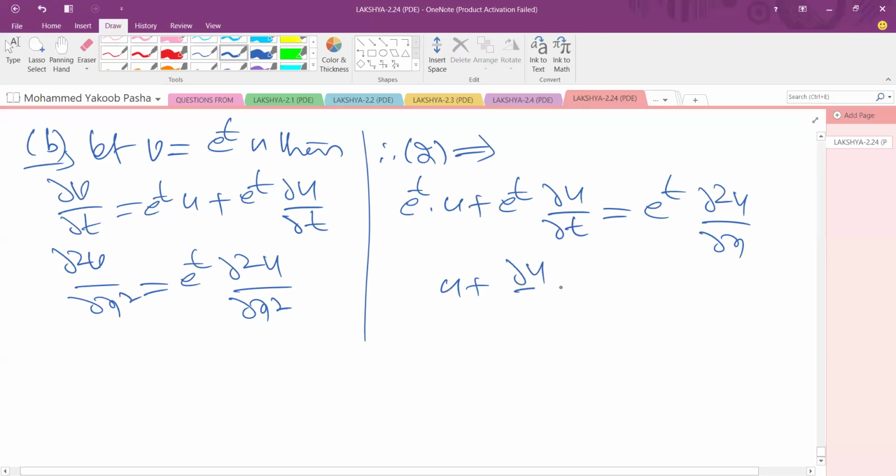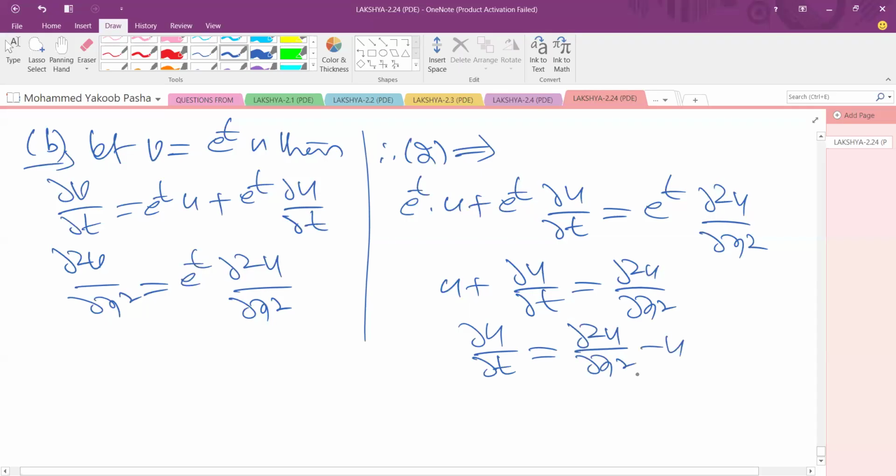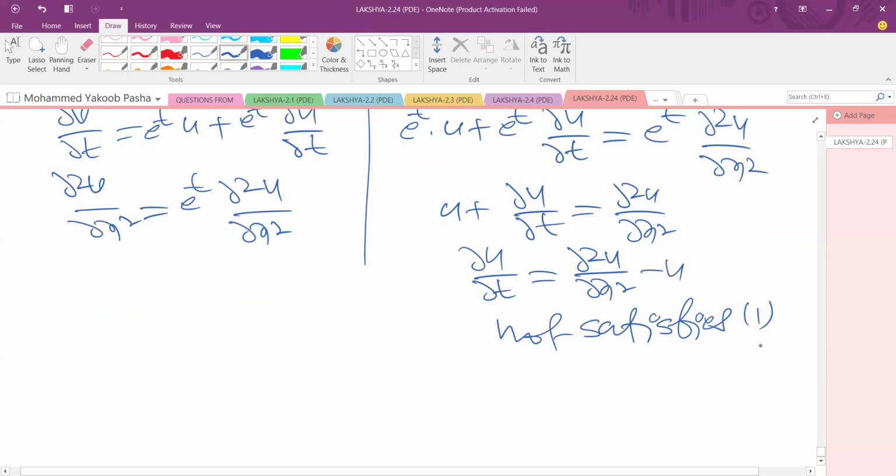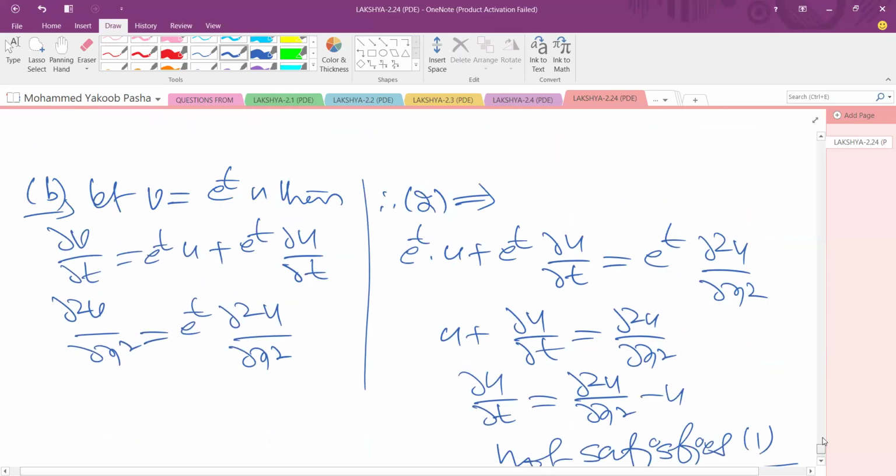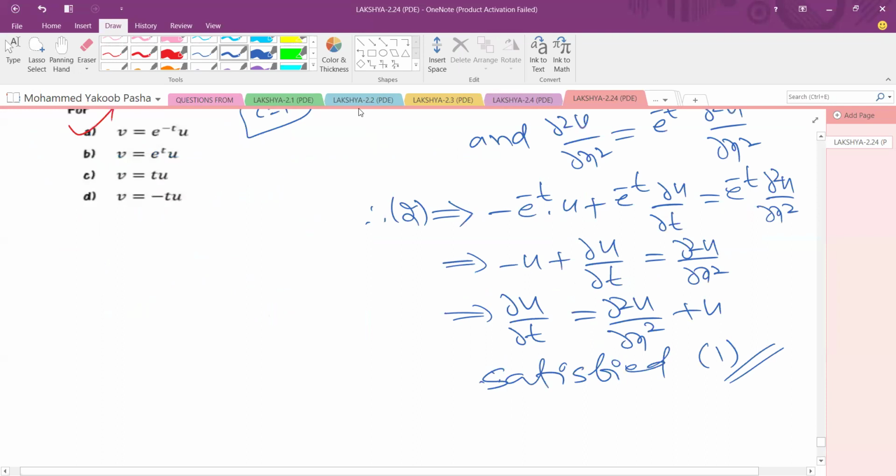U plus dou u by dou t is equal to dou square u by dou x square. So dou u by dou t is equal to dou square u by dou x square minus u. This does not satisfy equation 1. So option B is wrong. Therefore, option B is wrong.